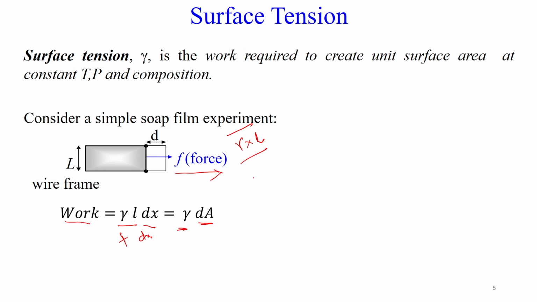Surface tension is F upon L, so it is milli-Newton per meter, or if you want to write in CGS, dyne per centimeter, and in terms of energy per area it will be millijoule per meter square or per centimeter square.